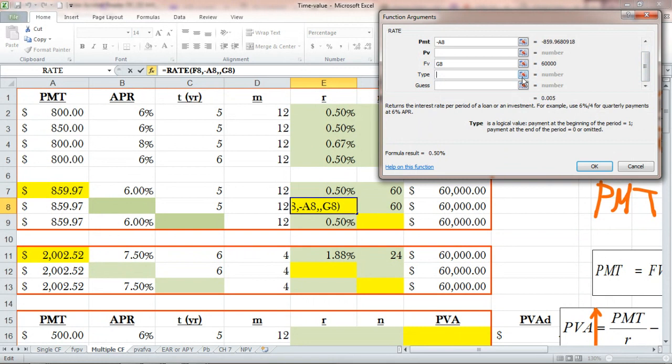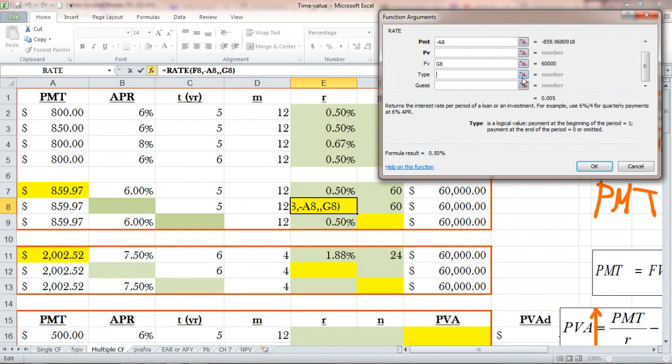Why? Because it's ordinary, right? I've been telling you, unless otherwise instructed. Unless the problem is clearly stating that this is annuity due, or they won't say it straightforwardly.